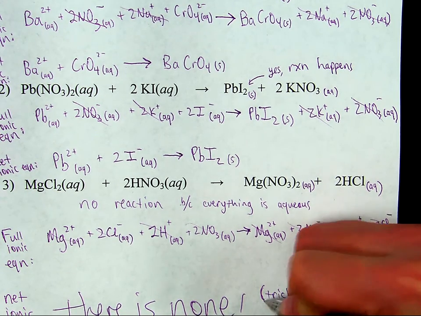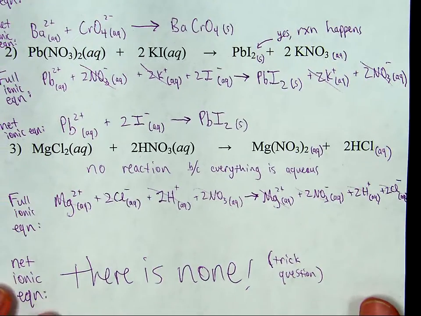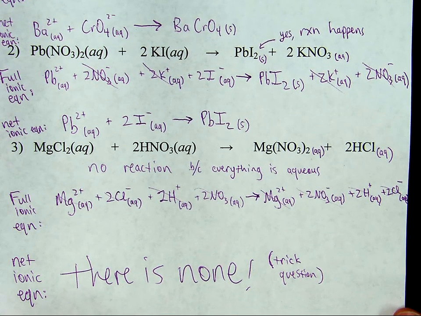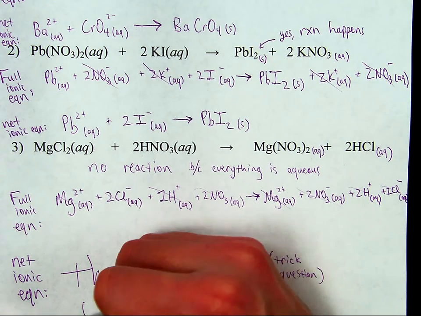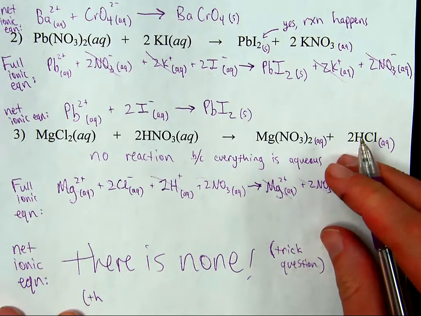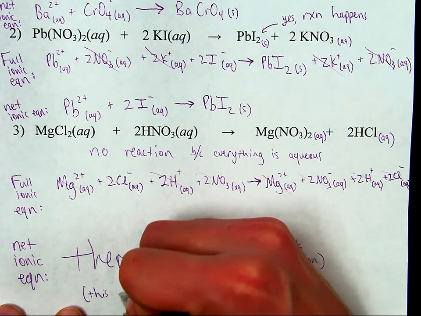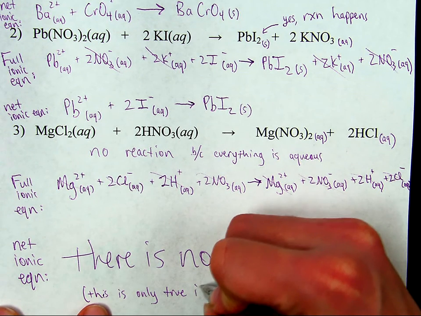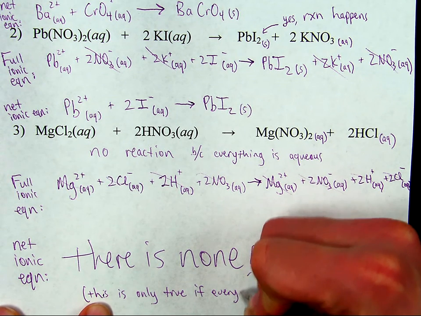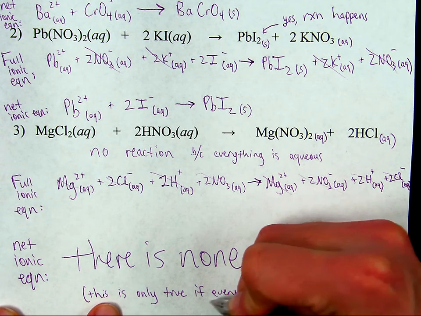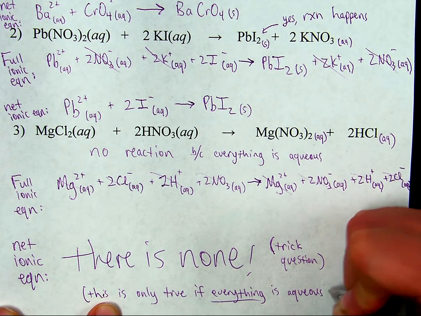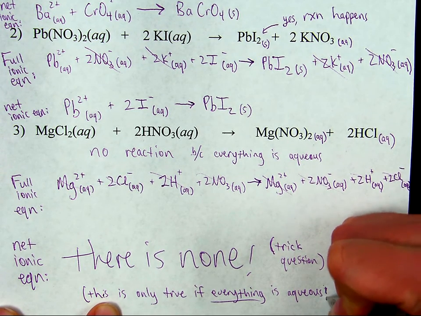But there you go, let's move that up into view. That being said, this is only true for cases where everything is aqueous. And I'm writing that out for emphasis. Okay?